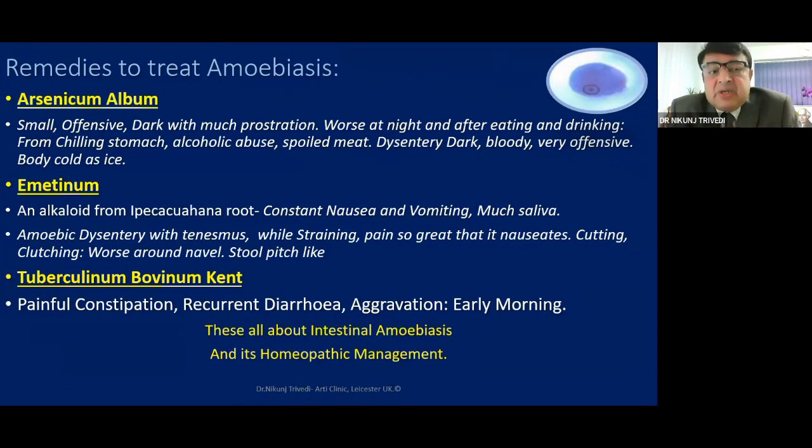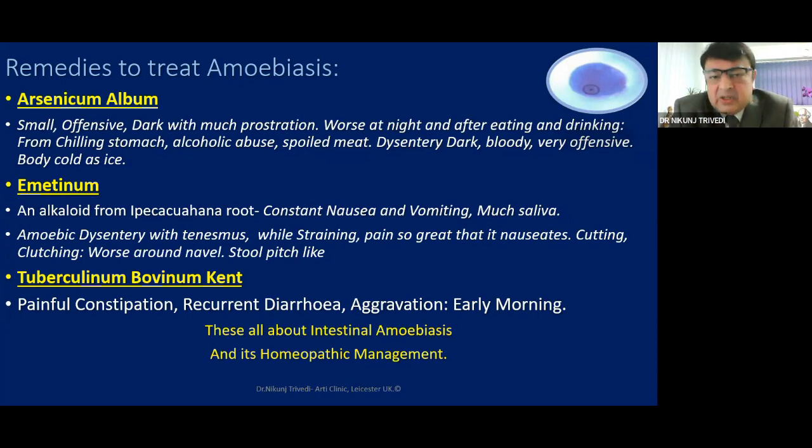So, remedies to treat amoebiasis. Arsenicum album, master medicine. What does the Arsenicum album picture show in a patient having amoebiasis? The stool is small, offensive, dark, with much prostration.